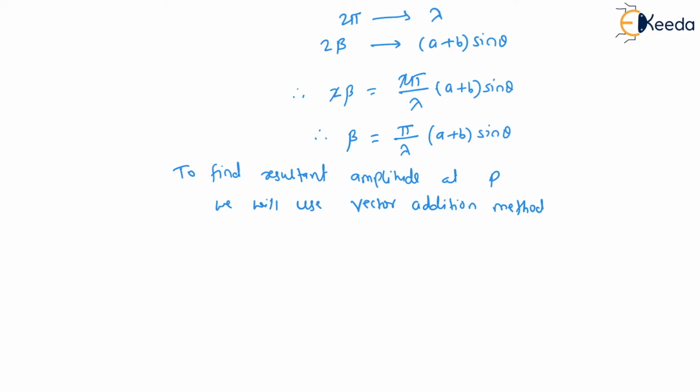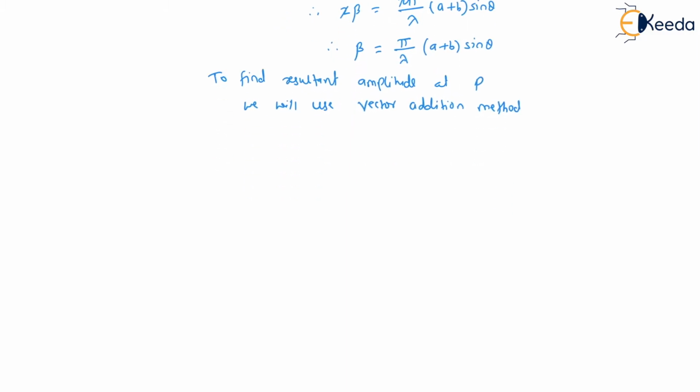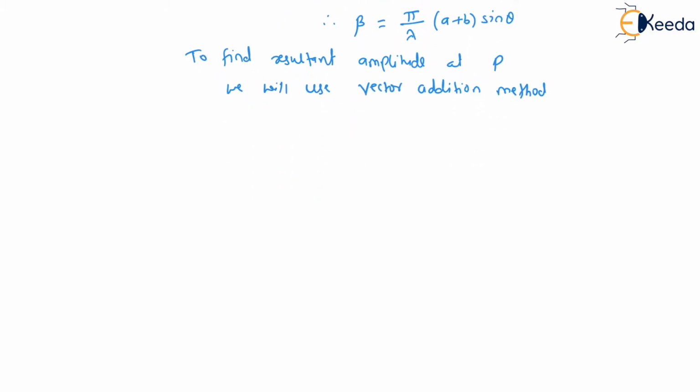As we all know, consider two vectors which are inclined at an angle phi, where phi is the phase difference between them. Just imagine they are the adjacent sides of a parallelogram. So we can easily use the law of parallelogram, which you already learned in your 11th standard.